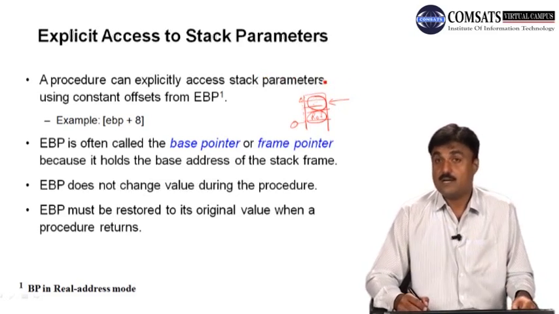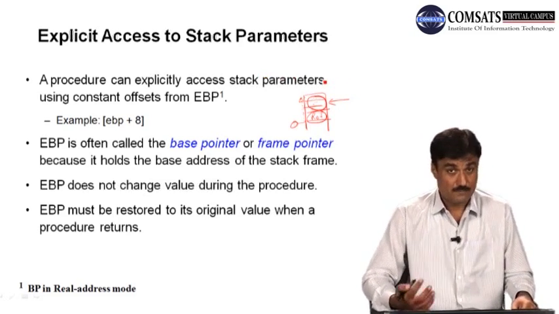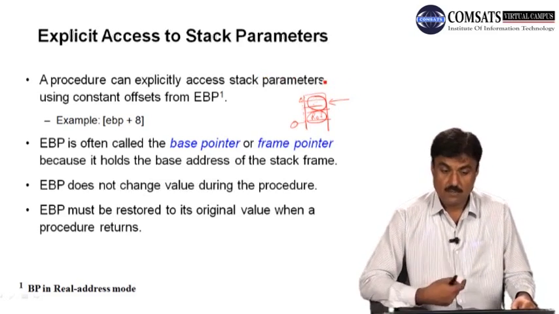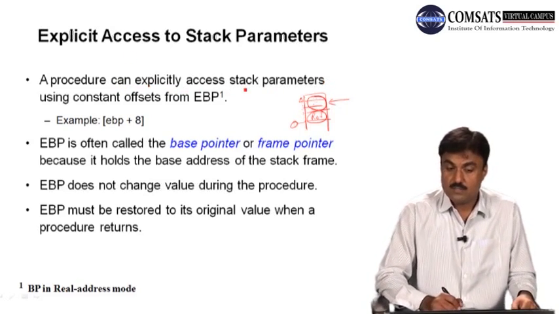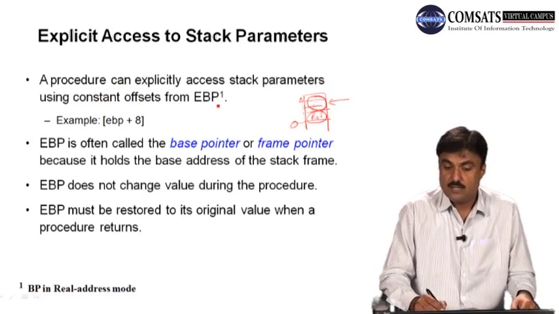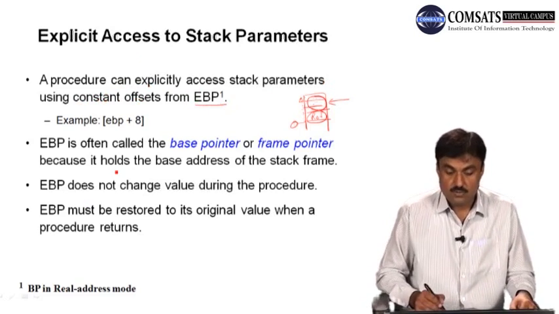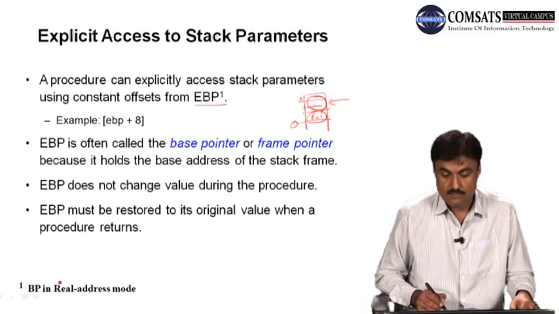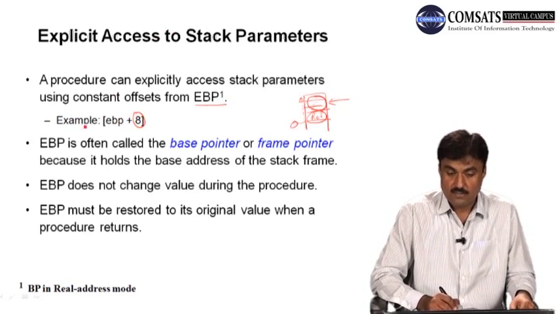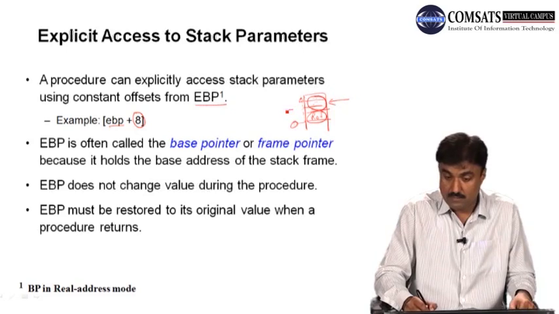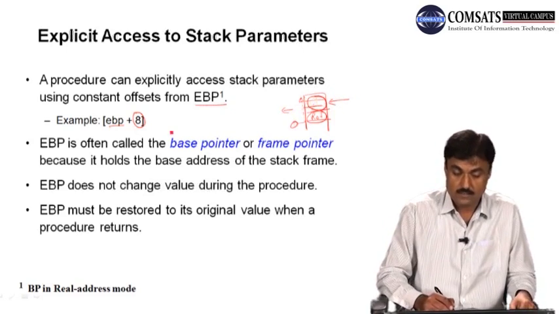So we need an alternative method to explicitly access these stack parameters. A procedure can explicitly access stack parameters using a constant offset from the EBP. So EBP is the base pointer. We use a constant offset with the EBP to access these parameters that we are storing inside the stack.